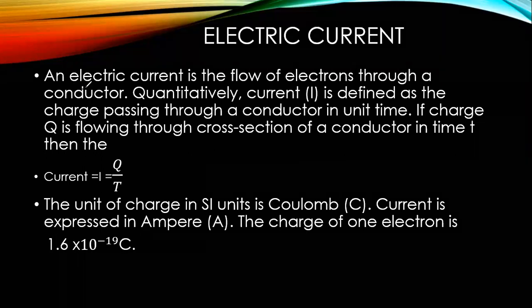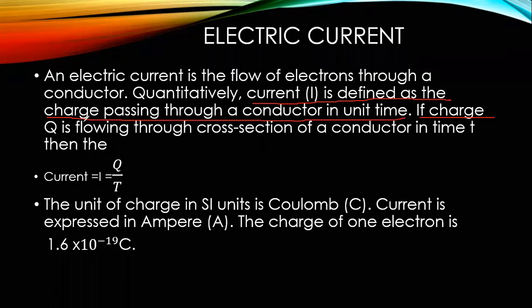Here you can see the definition of the electric current. Current I is defined as the charge passing through a conductor in a unit time.